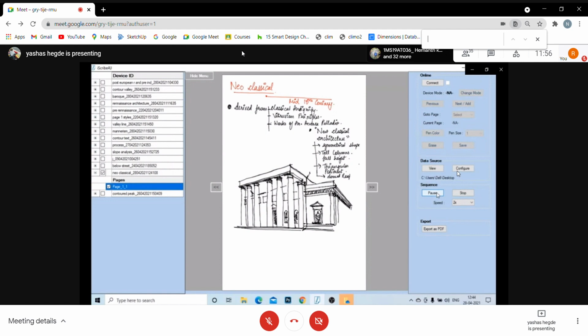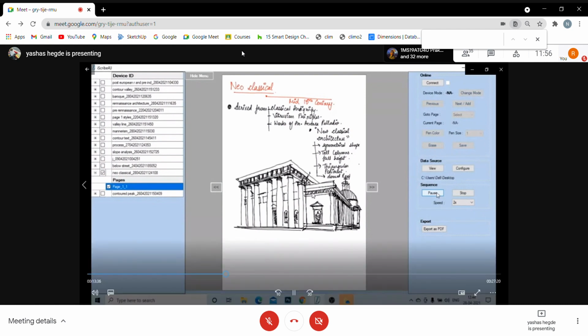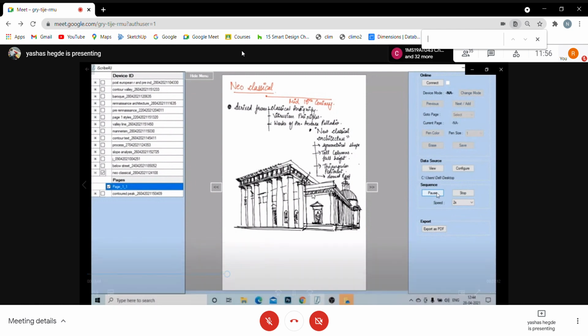So the movement itself was with the logic of the entire classical volumes, unlike classical revivalism. They used classical parts, and classical architecture is characterized by grandeur of scale and simple geometric forms. So here you can see a simple geometric form.